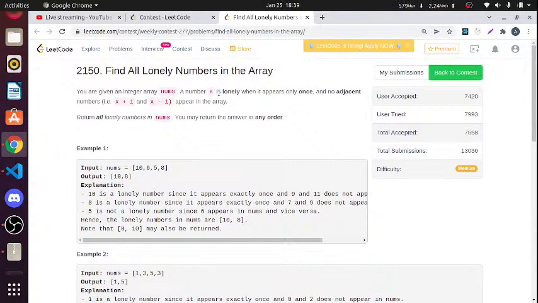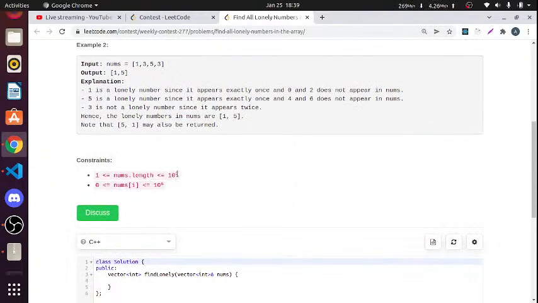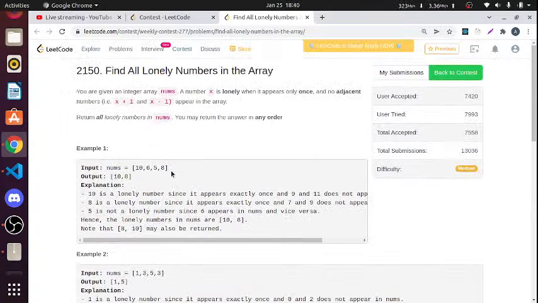So it should appear once, and no adjacent numbers should appear in the array. Okay, so I think we have to store the values.